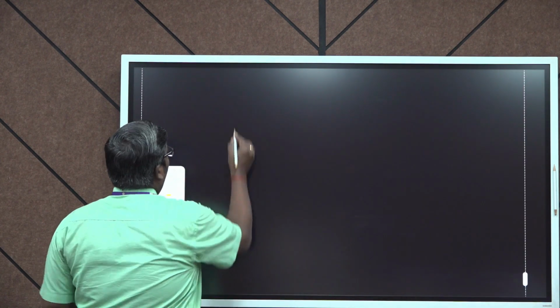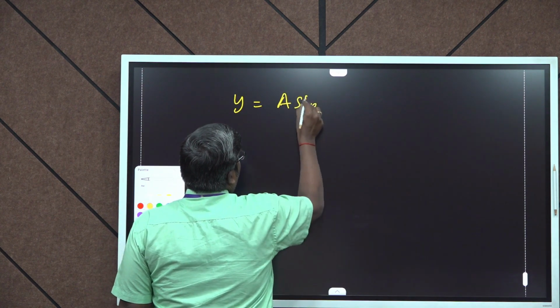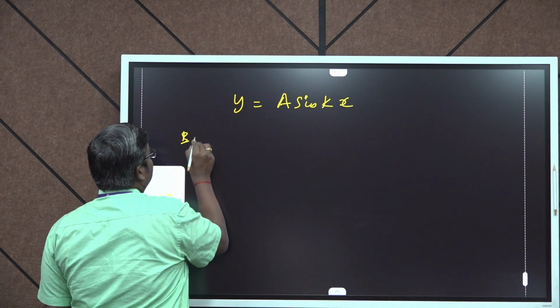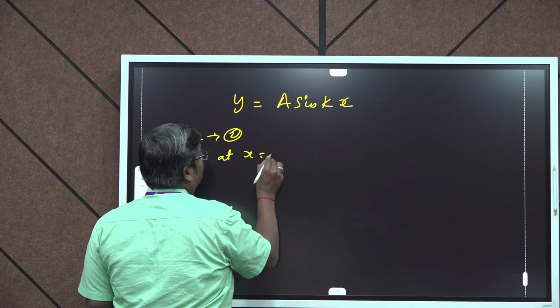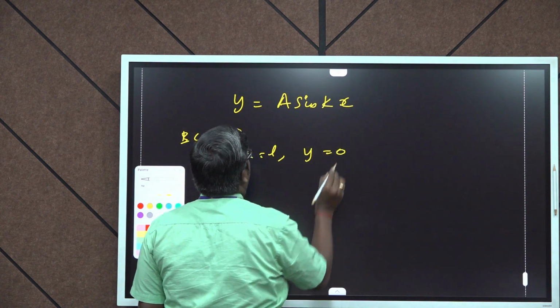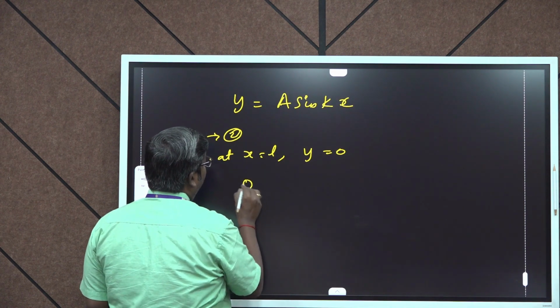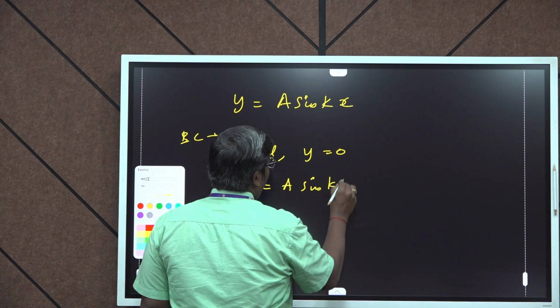Now, we are going to substitute the second boundary condition in the final y equation. We have y equal to a sin kx. The second boundary condition is at x equal to L, y equal to 0. Substitute this boundary condition in the y equation, we will get 0 equal to a sin kL.